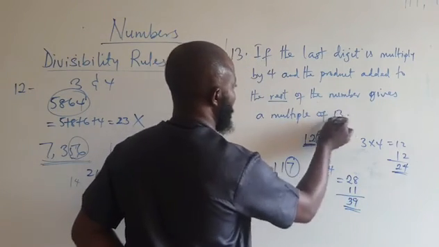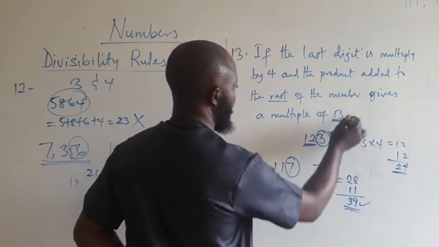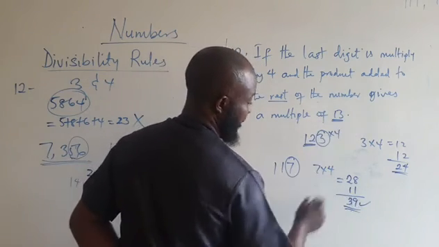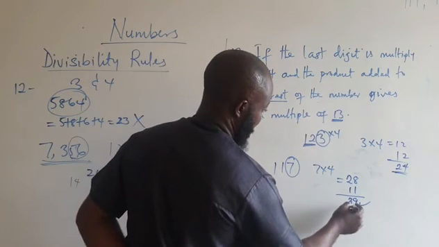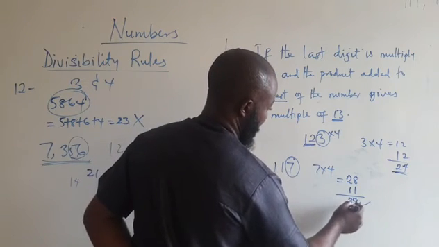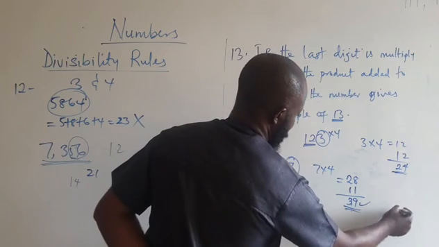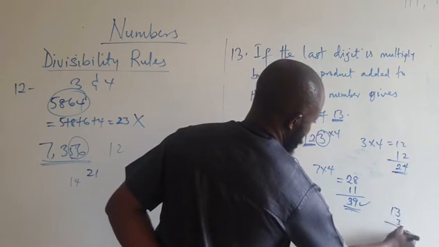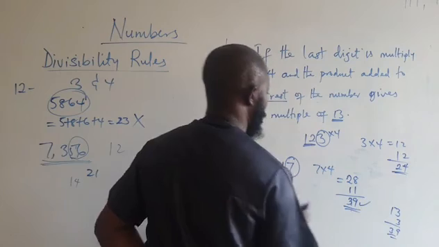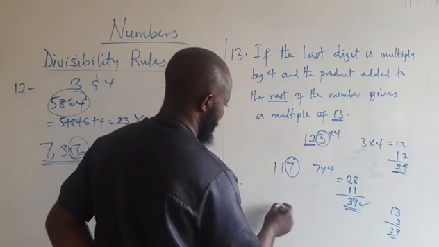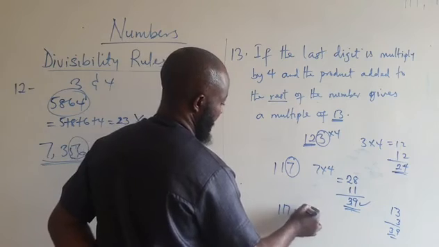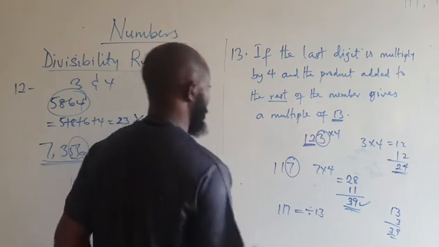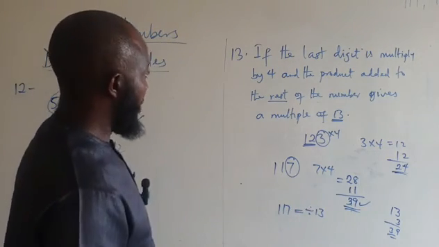Is it a multiple of 13 or not? 39 is a multiple of 13, because 13 times 3 is 39. So that means that 117 is divisible by 13. So that's how you get it for 13.